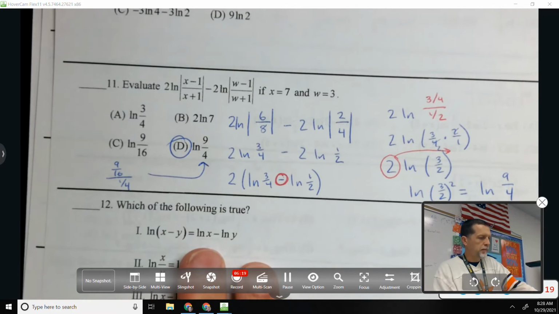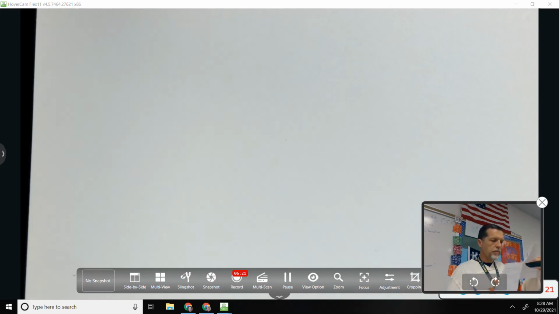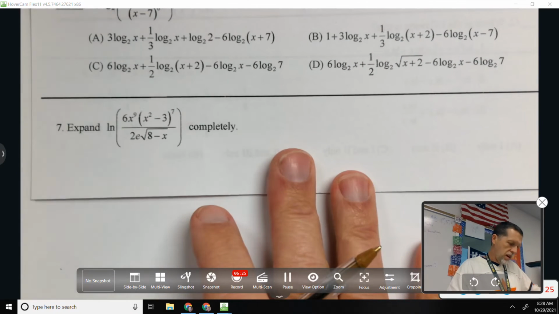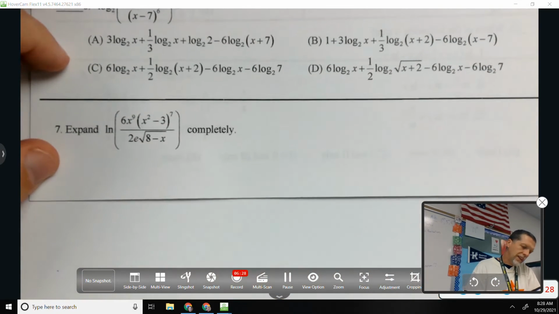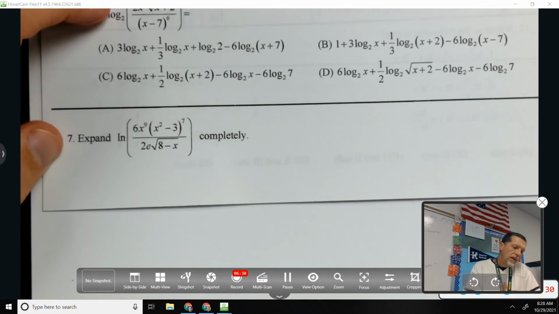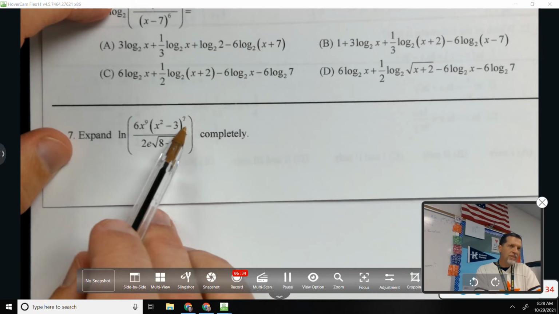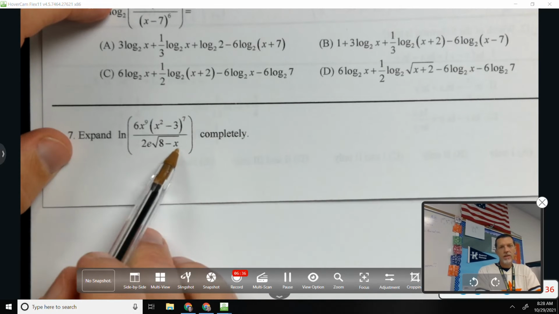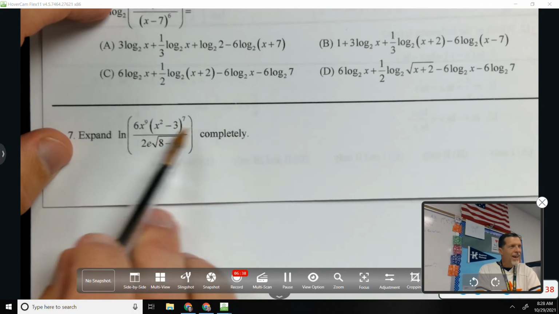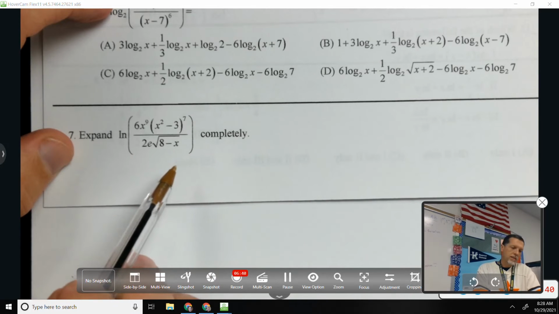Number 7. Expand completely. Oh, that's a lot of pieces in there. Remember, the shortcut for expanding is if it's in the top, it's positive. If it's in the bottom, it's negative, because multiplied things add and divided things subtract.